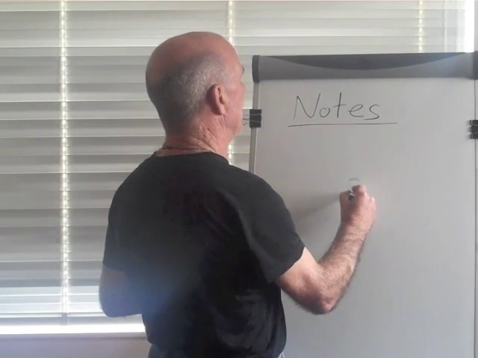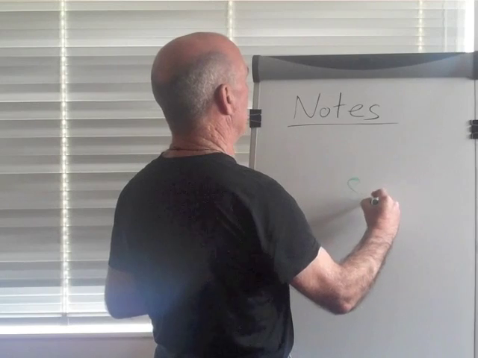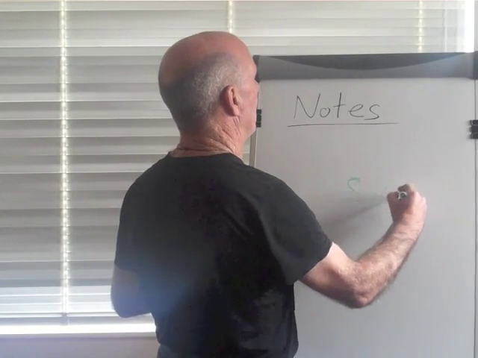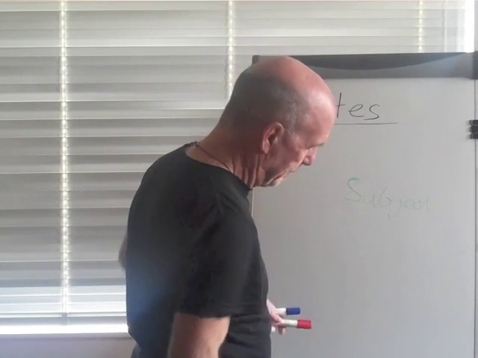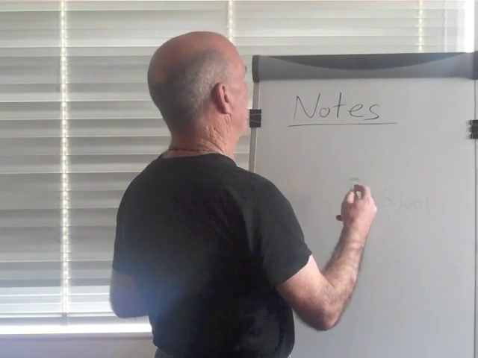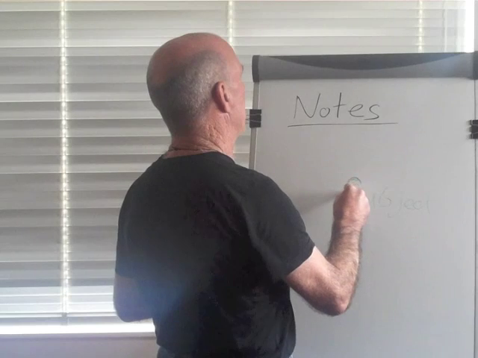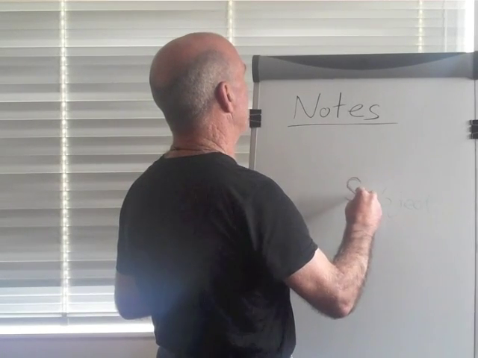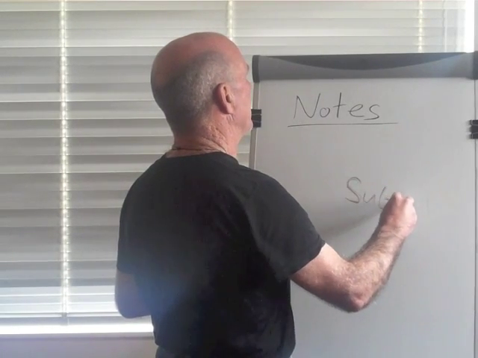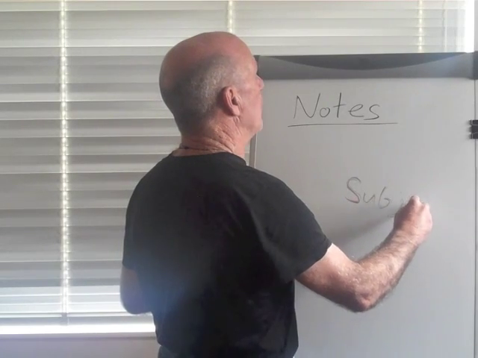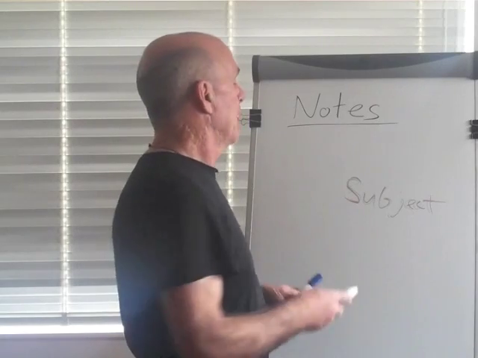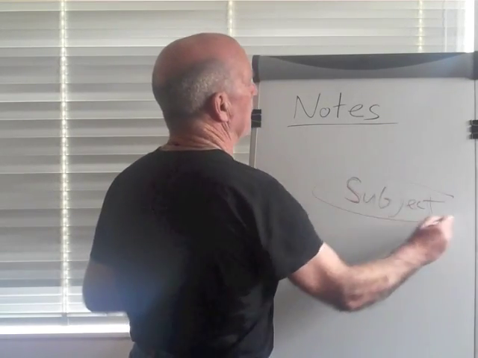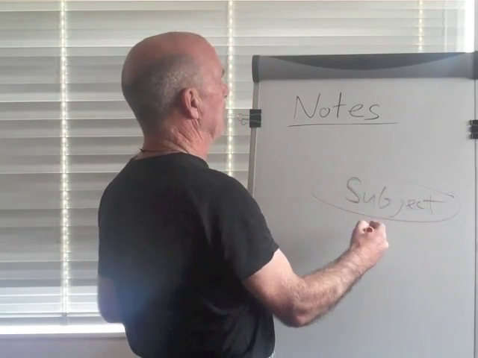I don't know if you can see this, but you've got your main subject there. I'm not going to use green because that's virtually invisible. I'll use the red, which is probably not a lot better. Okay, so you've got your main subject there that you're studying. Or you can also use this for things like presentations. So that's your main topic. So say the topic is learning.